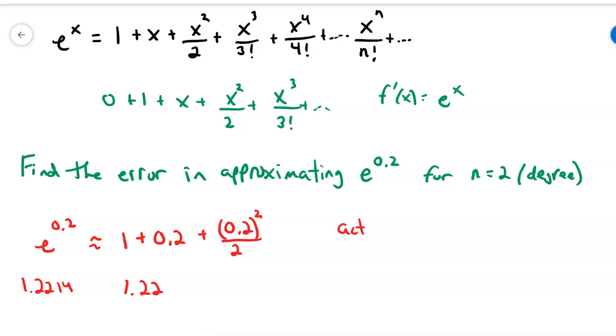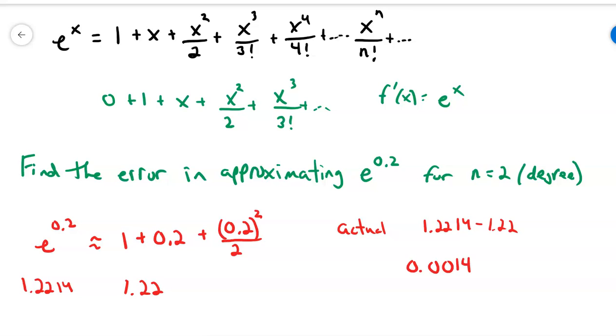So the actual error is going to be 1.2214 minus 1.22. The actual error is 0.0014. If you want the relative error, then you've got to divide it by the actual value. So take that and divide it by 1.22, and you'll see just what a tiny error that is.